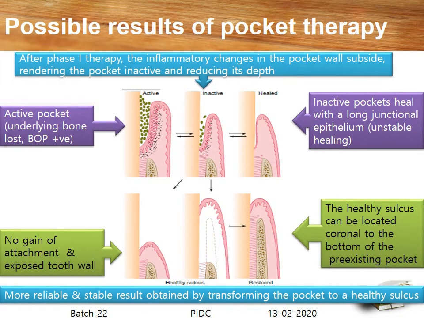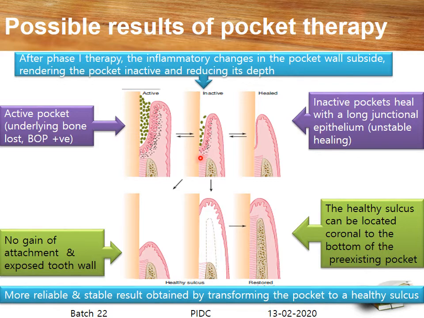Now coming on to the possible results of pocket therapy. Generally, your pocket has more amount of calculus or dental biofilm like this, and because of that there is more amount of inflammatory mediators within your connective tissue, and therefore an active pocket would have an underlying bone which is lost and bleeding on probing positive. But after phase 1 therapy, the inflammatory changes in the pocket wall subside, thereby rendering the pocket inactive and reducing its depth.